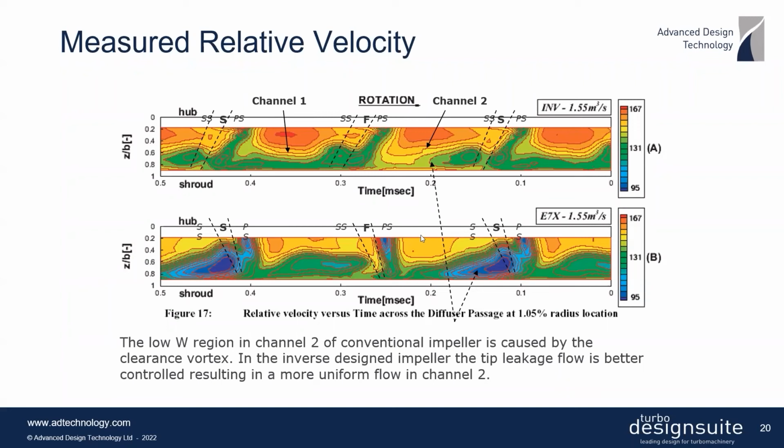And you can clearly see that there are quite big non-uniformities in the conventional impeller, especially in this channel between the splitter suction surface and the full blade pressure surface. And there is a strong variation both in span-wise as well as the pitch-wise directions, while in the inverse impeller, there is much less pitch-wise and span-wise variation as a result of a better control of secondary flows.